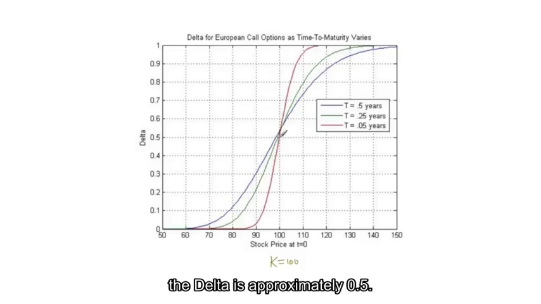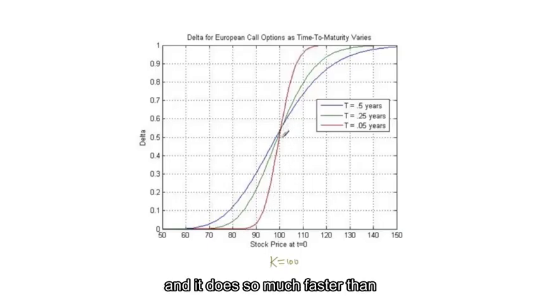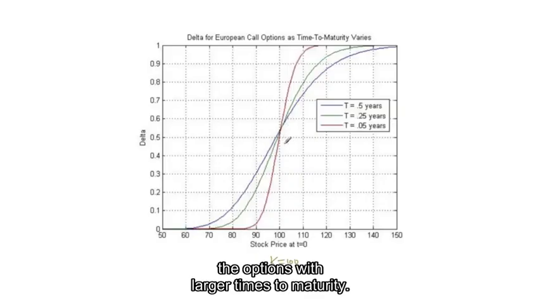In the case of a call option, we know that C0 will be approximately equal to S0 minus K if S0 is much bigger than K, and it's going to be approximately equal to 0 if S0 is much smaller than K. In both cases, the partial derivative of this term with respect to capital T, the time to maturity, is 0. Likewise, the partial derivative of this term, 0, with respect to time to maturity, capital T, is also 0.